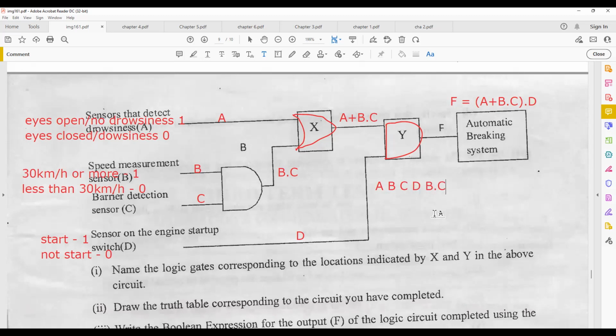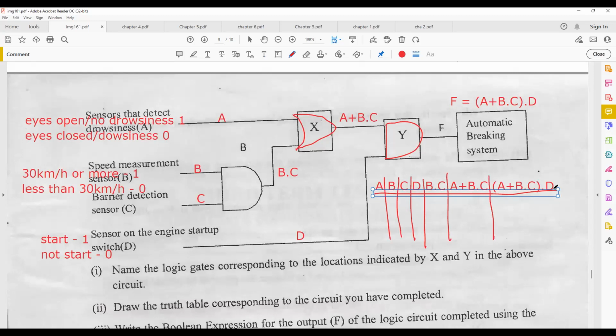Then we can have B dot C. Then you can have A plus B dot C. Finally, you can have A plus B dot C, dot D. So this is how you can draw the truth table.